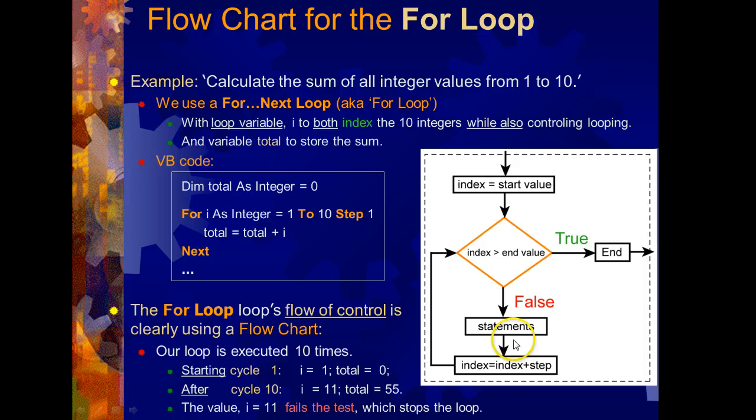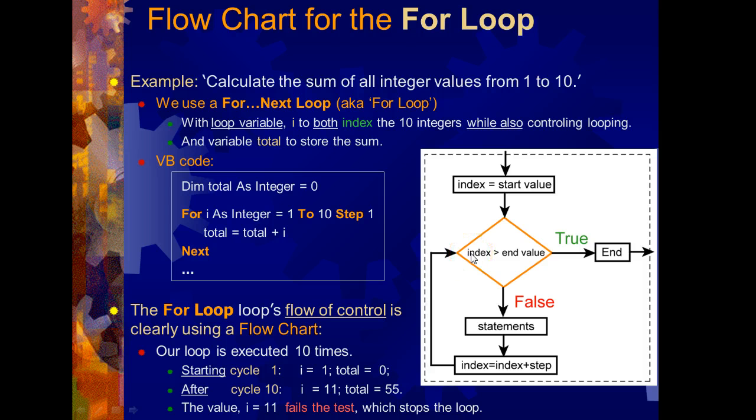And then the index becomes the old index plus the step. The step was 1, so the index becomes the old index plus 1. As we said, this now increments to 2, and then 3, and then 4. Once we increase the index by the step, we come back up here again.